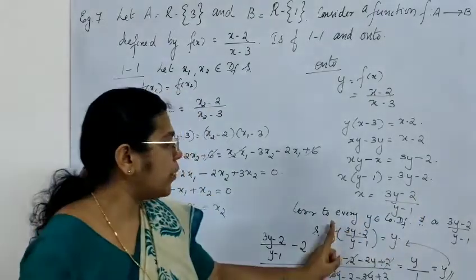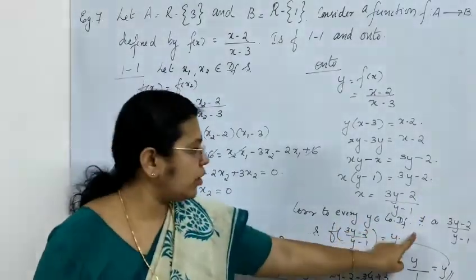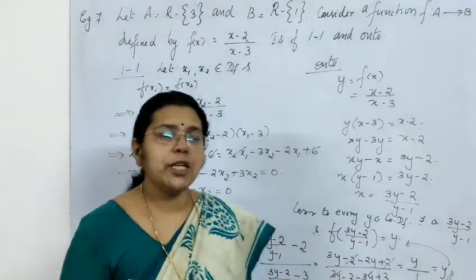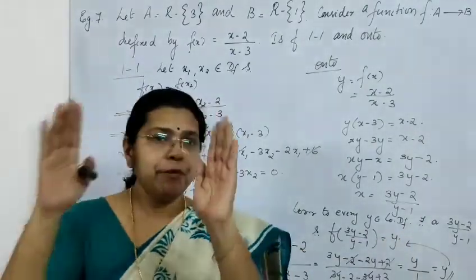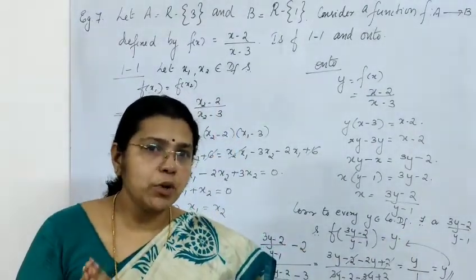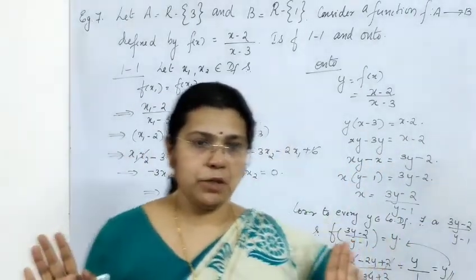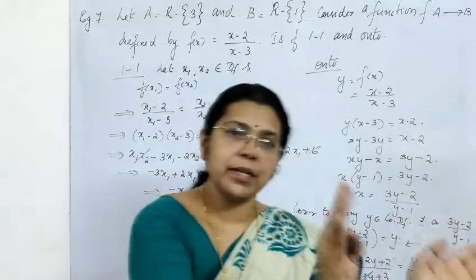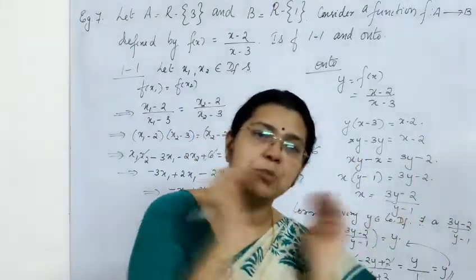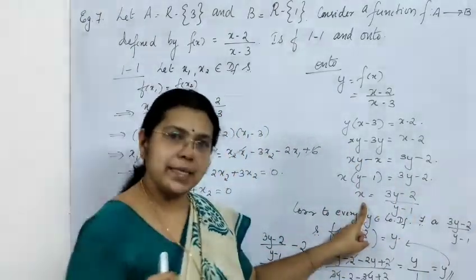Corresponding to every y that belongs to the codomain of the function, actually what are we checking for? For every value inside the codomain, I need to find a pre-image. Pre-image means exactly x.